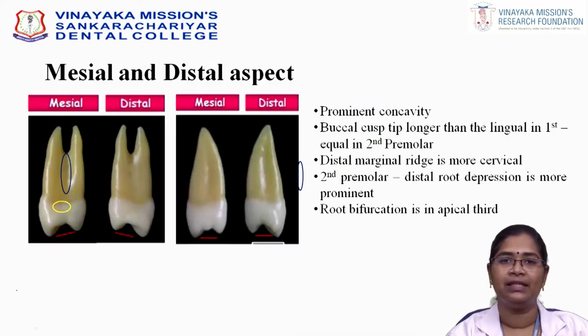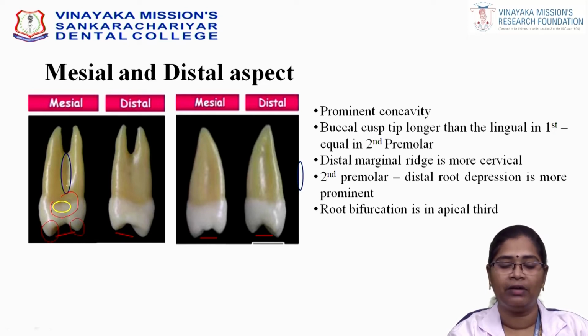Moving on to the mesial and the distal aspect of the first and second premolars. From the mesial aspect, the landmarks that you will be able to appreciate are the buccal cusp and the lingual cusp, a longer buccal cusp and a shorter lingual cusp, and a more prominent depression called the canine fossa, or a prominent concavity.